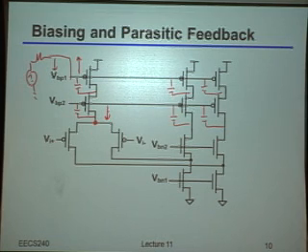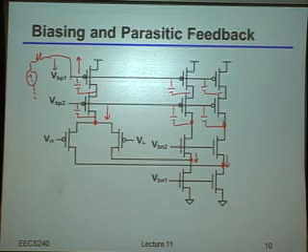Well, if that goes down, what's going to happen on the sources of those two NMOS transistors there? In other words, what's going to happen to the common mode? Yeah, they're also going to go down. Well, if those go down, what happens right here at the output, common mode-wise? Yeah, it also goes down.